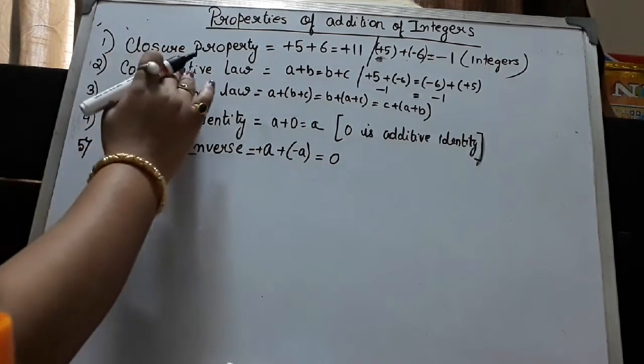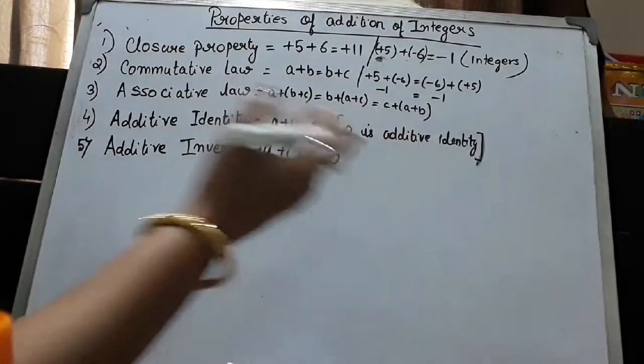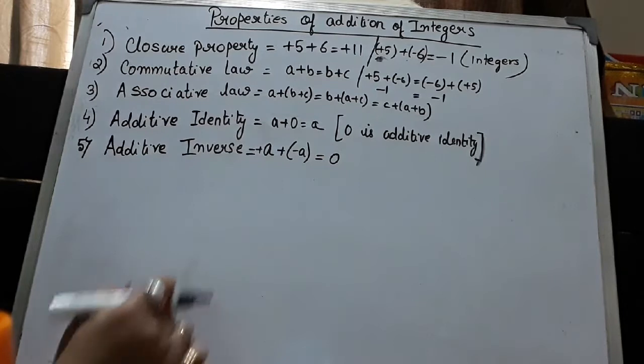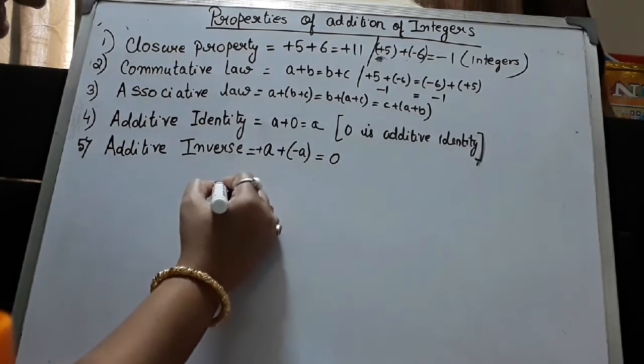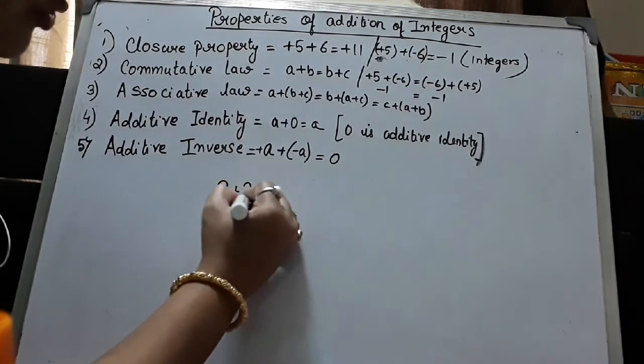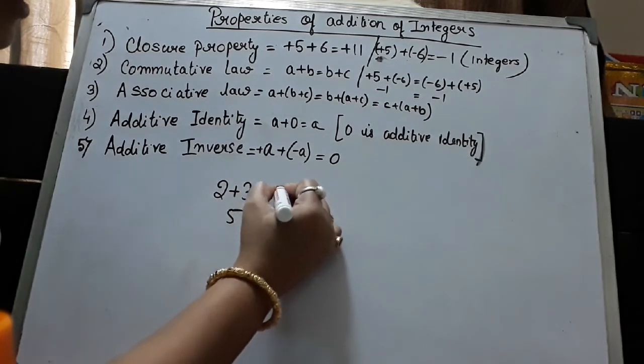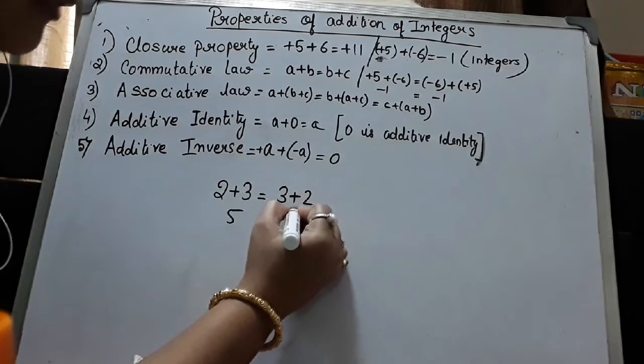Now, the commutative law of addition. Commutative means when we add 2 plus 3, you get 5. Similarly, 3 plus 2 is also 5.